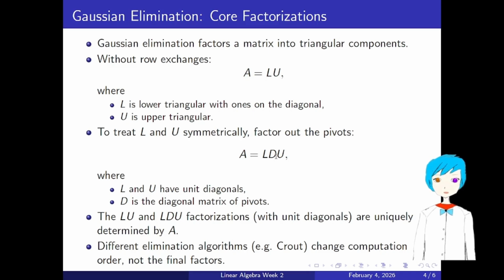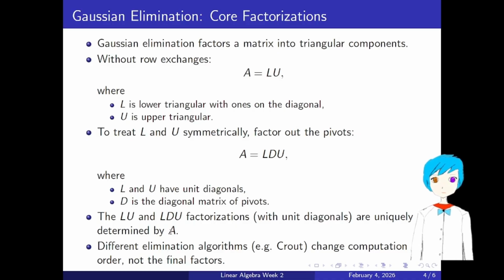So in this case, sometimes we also use the LDU factorization, A equals LDU, where L and U have unit diagonals, and D is the diagonal matrix of pivots. The LU and LDU factorizations with unit diagonals are uniquely determined by A if A is non-singular.